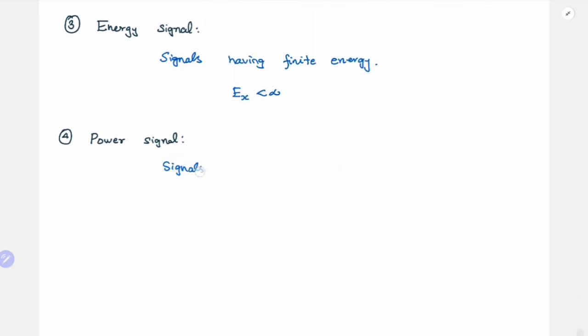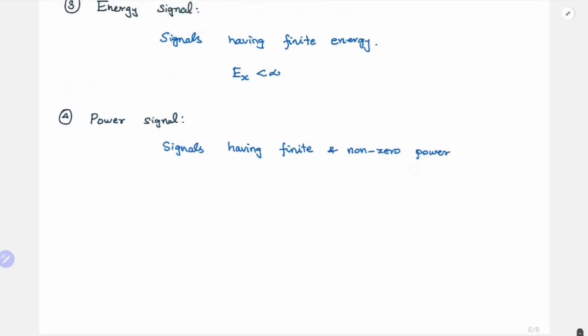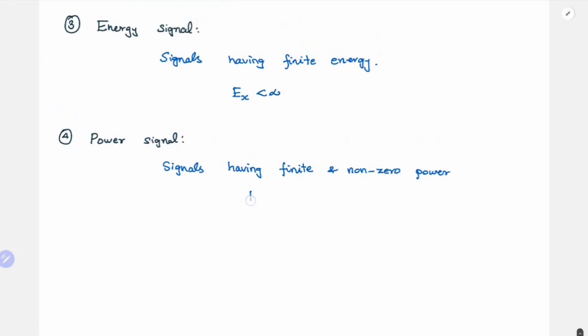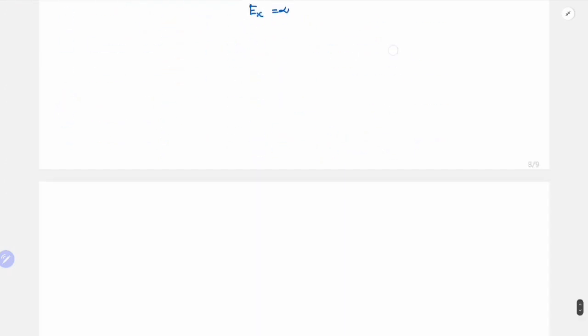So signals having finite and non-zero power. So your Ex is anyway going to be equal to infinity because it has finite and non-zero power.